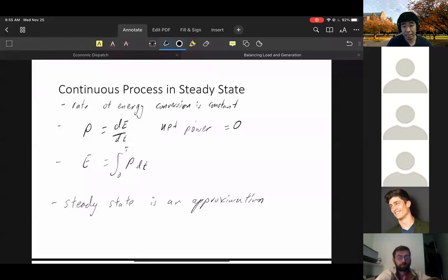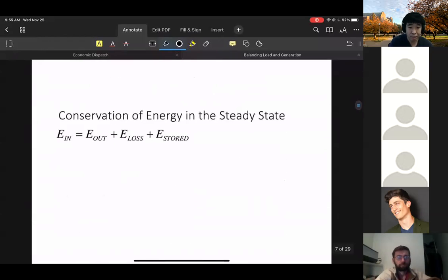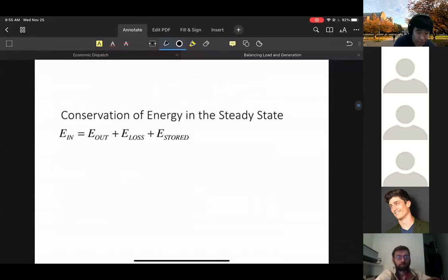So if you look at steady state, what does it mean, right? You look at these 3 terms. So in steady state, let's look at the power flow in all of this, right? At steady state, we have P in, and this is a constant.